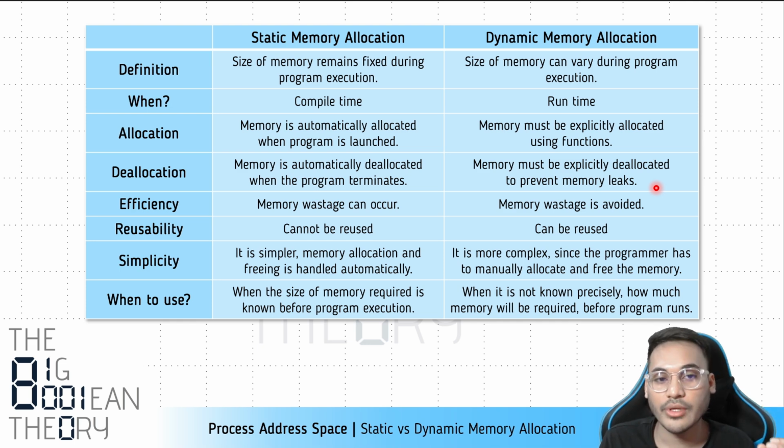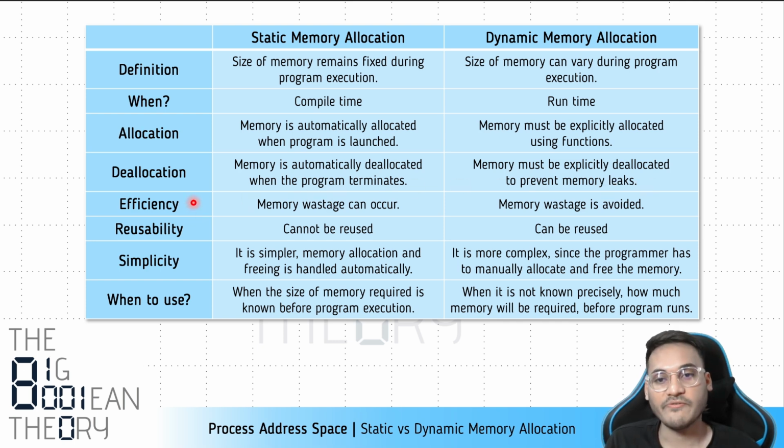So that is called memory leak. The memory which has been allocated and was not freed is now unusable. It will not be reallocated to some other variable. So that is memory which got leaked. Here the programmer has to be careful and explicitly deallocate the memory properly so that memory leaks do not occur, right?